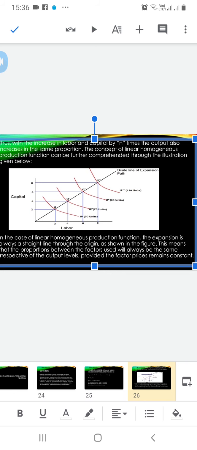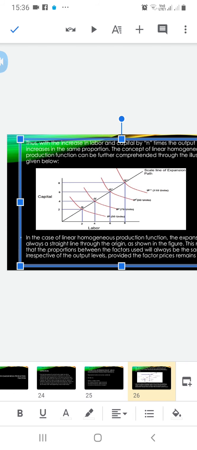So here we can see, in the case of linear homogeneous production function, the expansion path is always a straight line through the origin as shown in the figure. Thus the proportion between the factors used will always be the same.